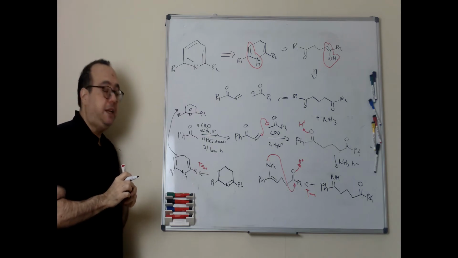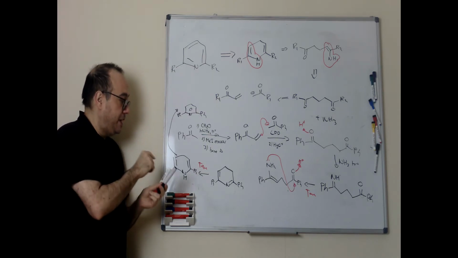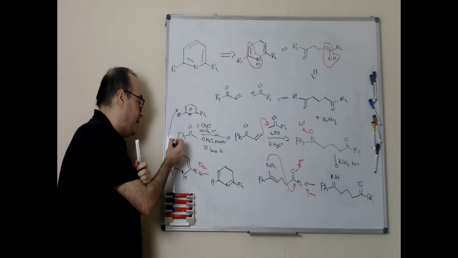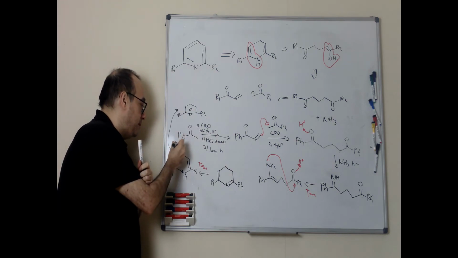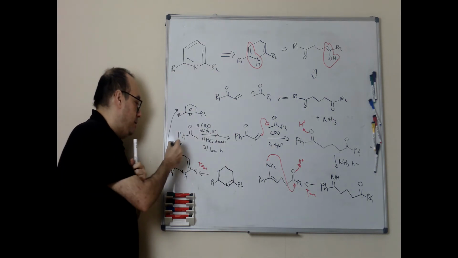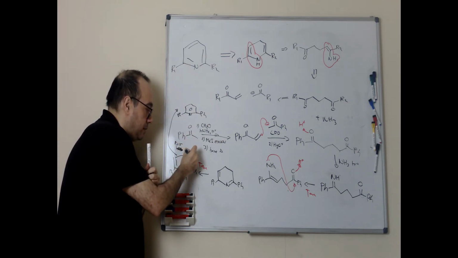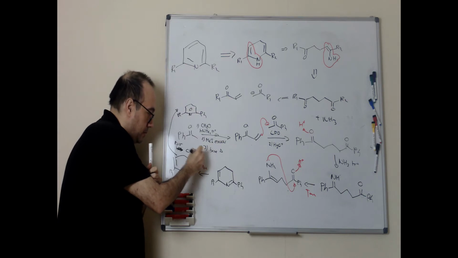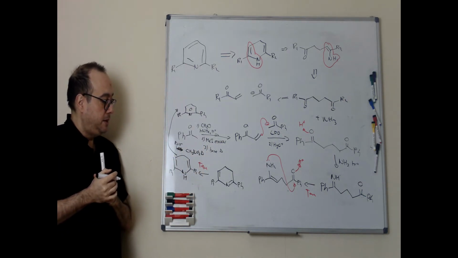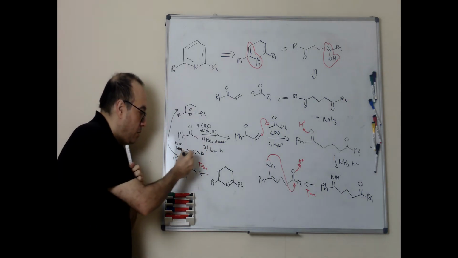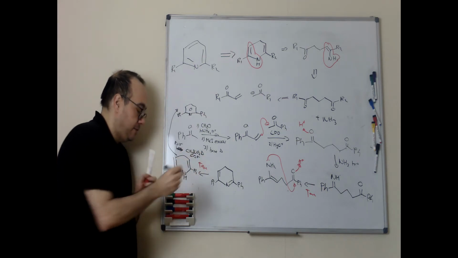Now in order to synthesize the pyridine, what I need to do is oxidize this. How? Normally I can use, for example, air, boiling, this also works, or using CAN.